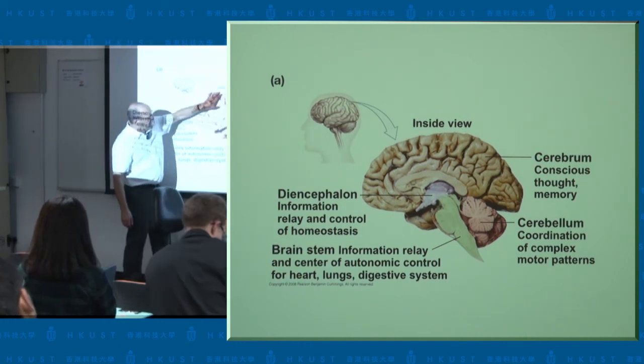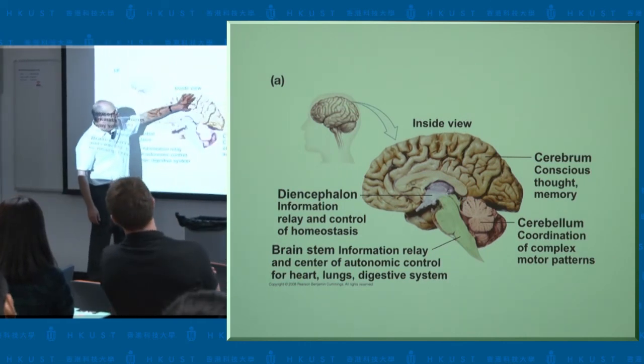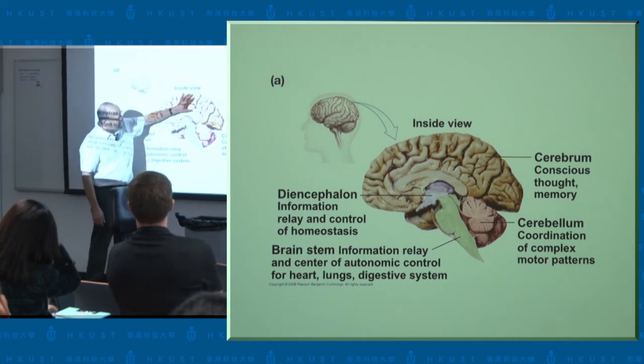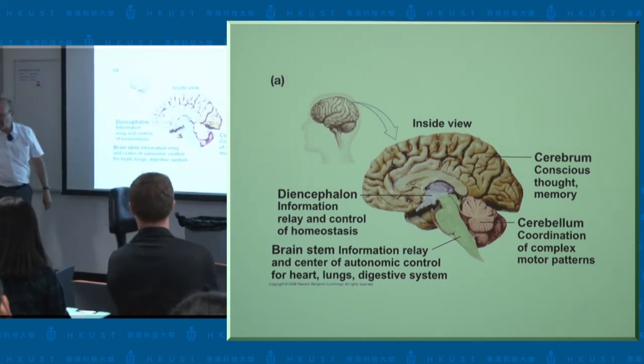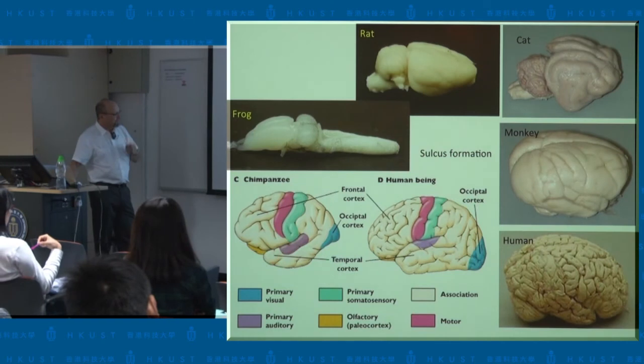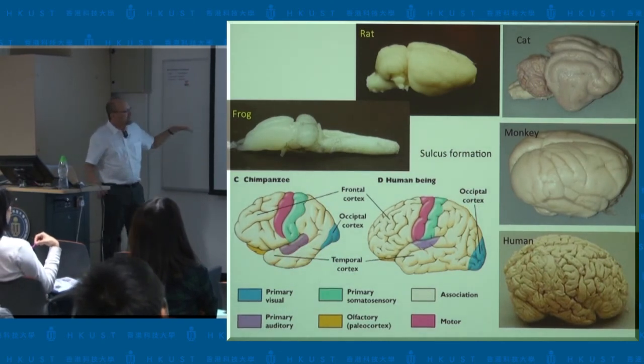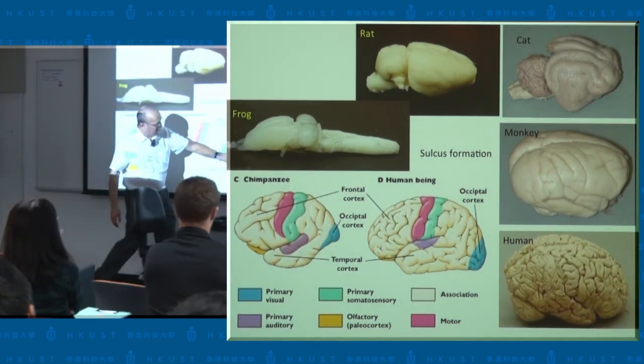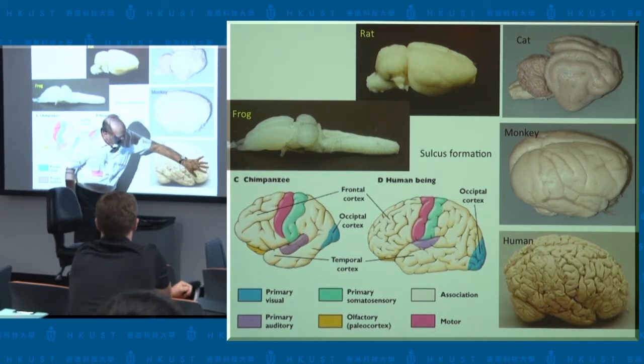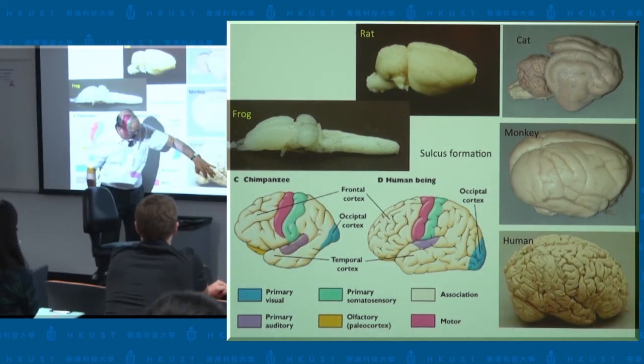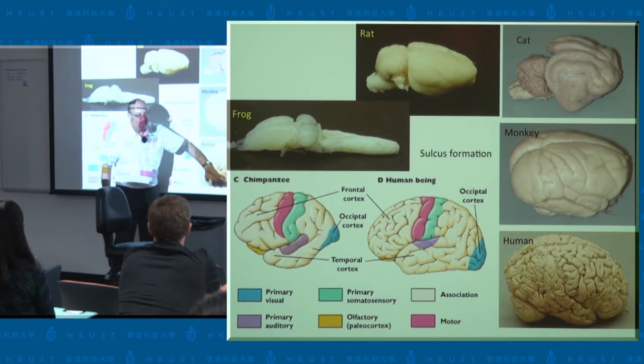So let me just get you a little more oriented. Everything we've been talking about is right up in here. This is a highly, highly, highly specialized area, and I'm just going to drill down a little more into this. So in a human, you can see this extremely elaborated brain. This is frontal. This is the back of your head. There is the cerebellum, right?